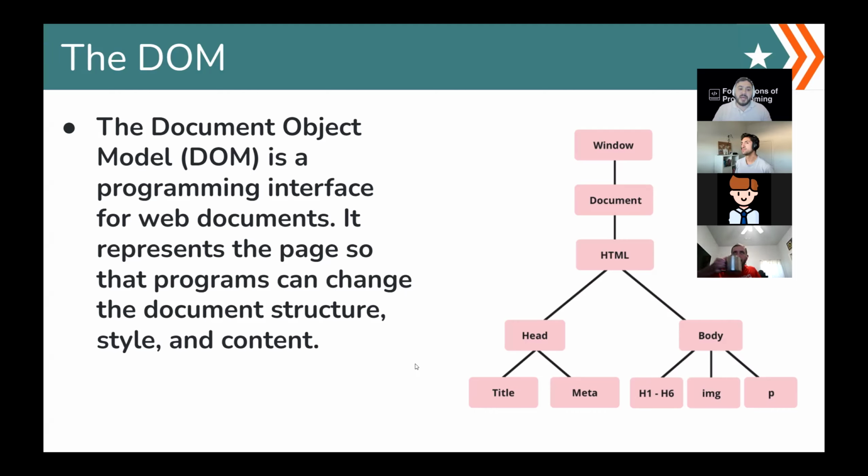So it represents a page so that programs can change the document structure, style, and content. Once again, a copy of the page is created. This is called the DOM. We are going to manipulate the DOM, and the DOM is what updates our web page for us.